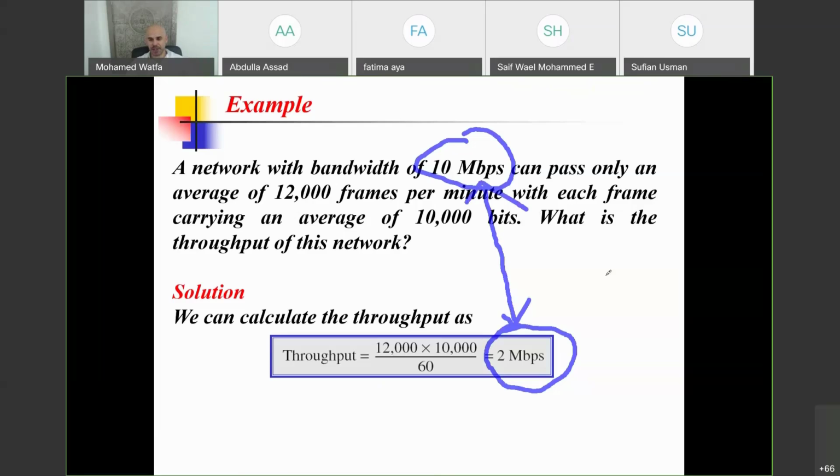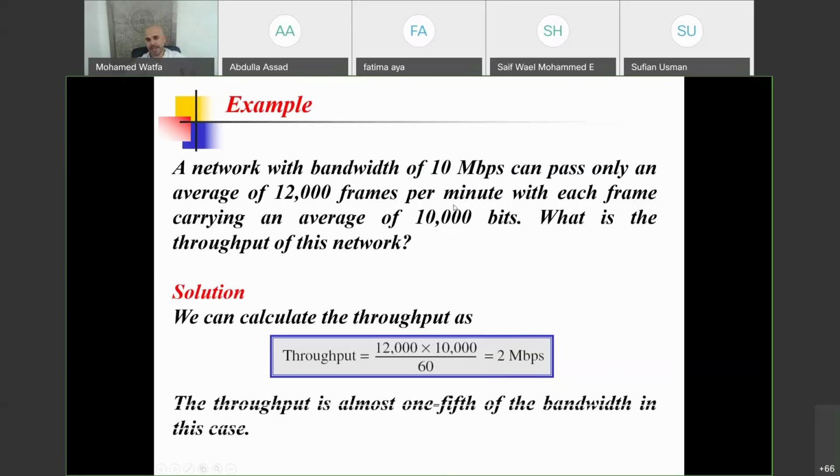Thank you, guys. 20% utilization. Because we had it per minute, that's why we divide to seconds. Because the unit here is second. That's why we divided it by 60.